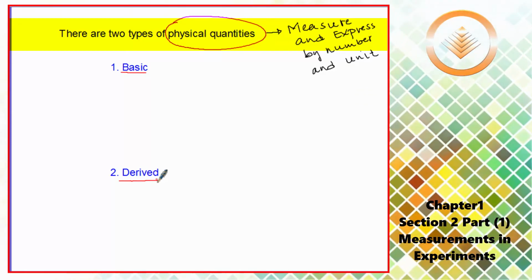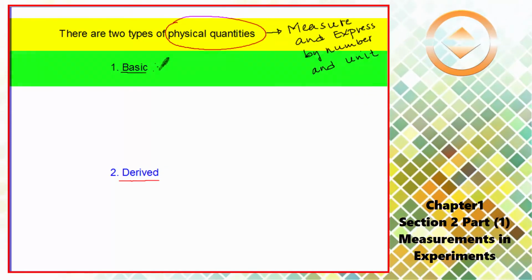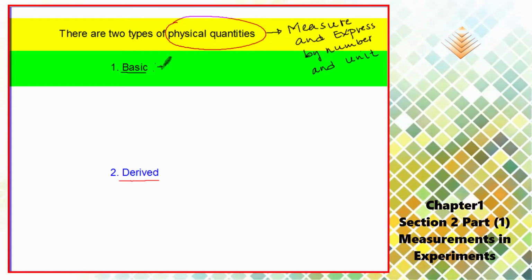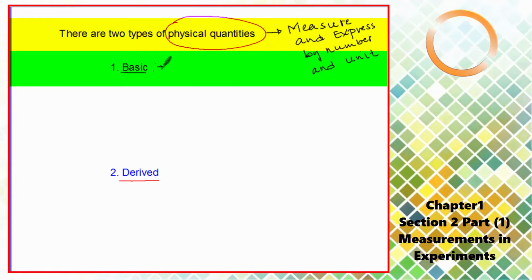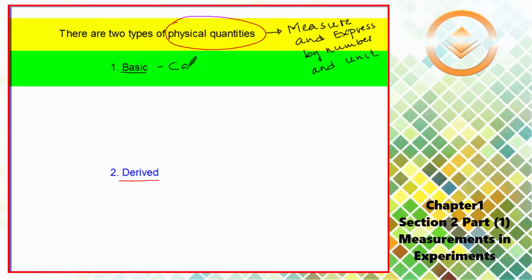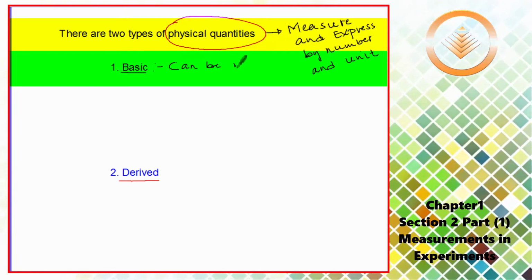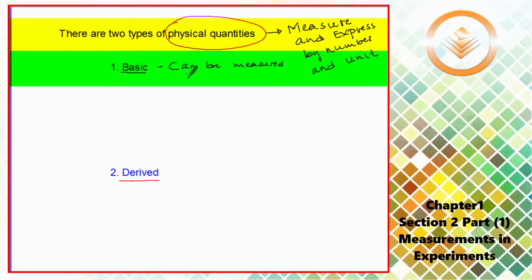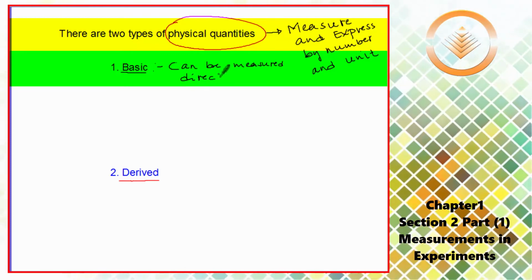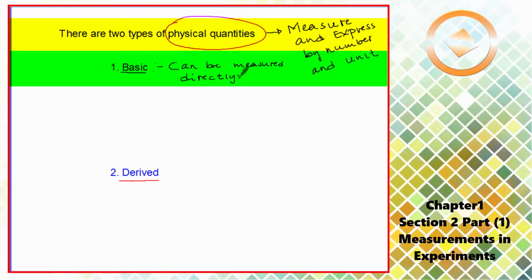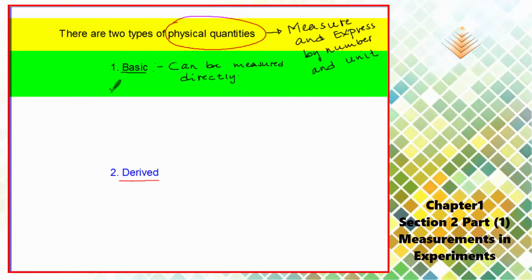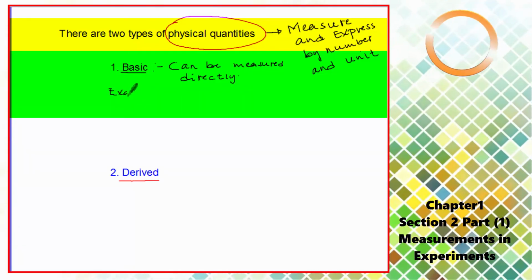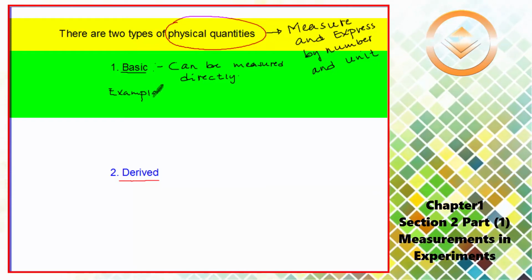So why do you call them basic? Basic quantities are quantities that can be measured directly. The basic physical quantities are 7 in number.